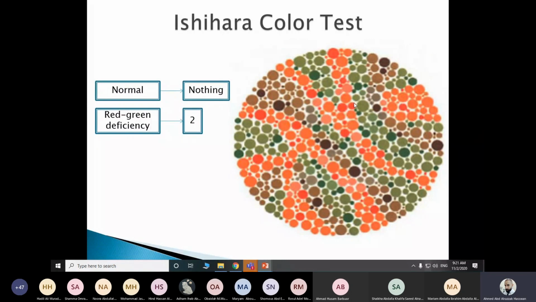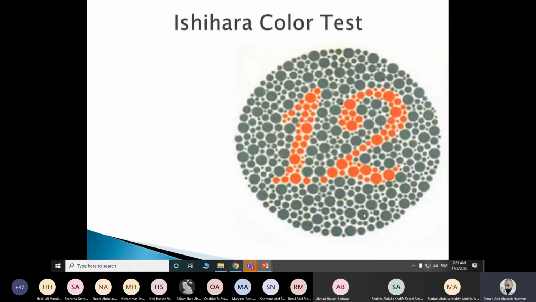Okay. Now, how about this one? This is the last one. Yes, thank you. By the way, guys, this is usually the last page in the chart, and everyone here must see number 12. So if anybody is trying to fake color blindness, you can catch him from this number.